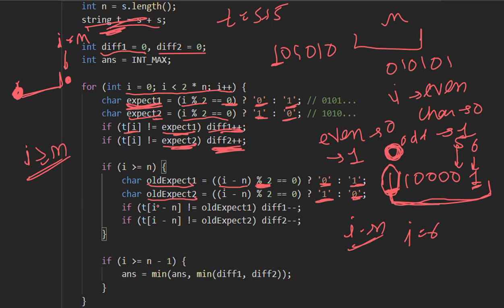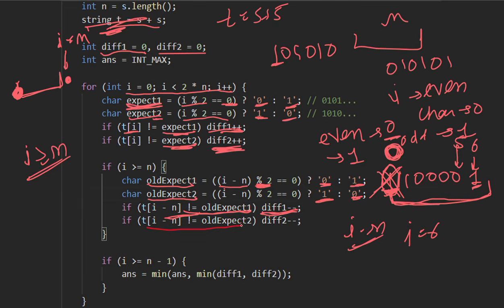So we'll check whether 0 is equal to 1. No, there is a mismatch in pattern 1 earlier. So we reduce our total mismatches by 1, because we have removed this character from our window.